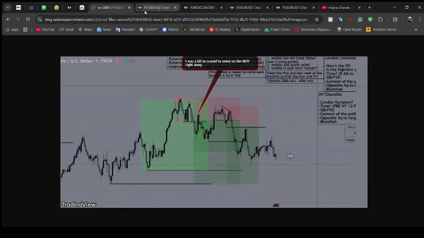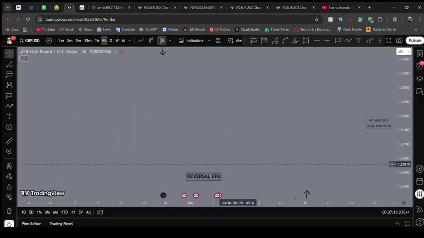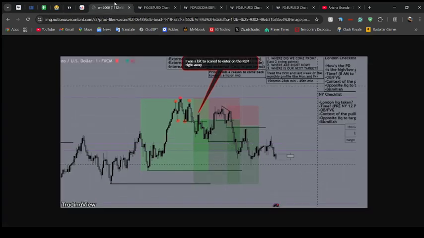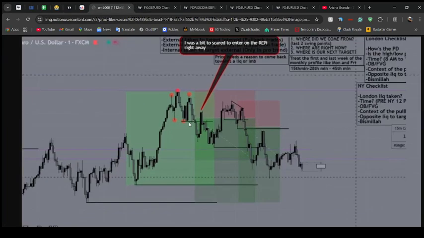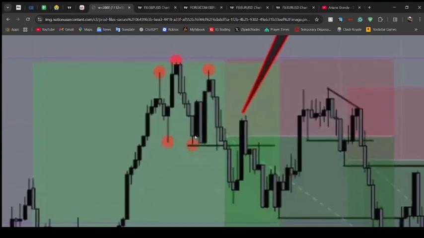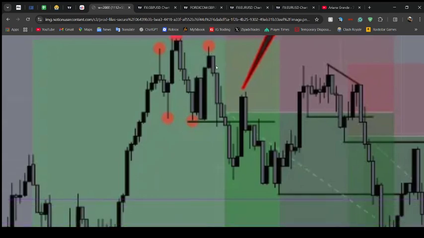This one is the reverse. So, hold on. There you go. As you can see from here, when you get this fake market shift, instead of breaking this out to create a true market shift, it mitigated this and then it broke lower.